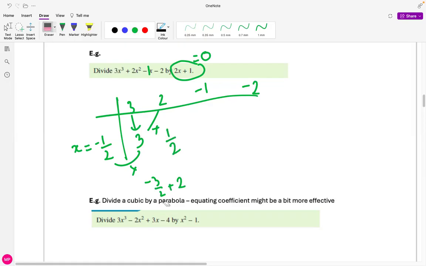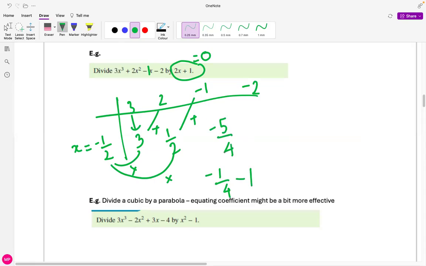Then pretty much the same thing again. You do negative a half times a half plus negative 1. Negative a half times a half is negative 1/4. Minus 1 is negative 5 over 4. And then same thing again. I have negative a half times negative 5 over 4 is 5 over 8, minus 2.